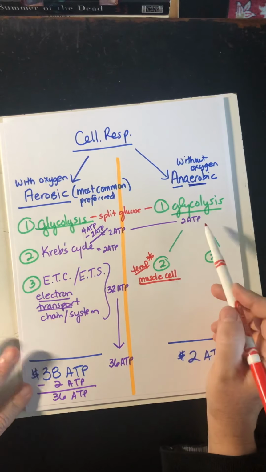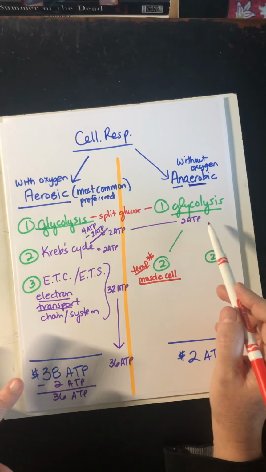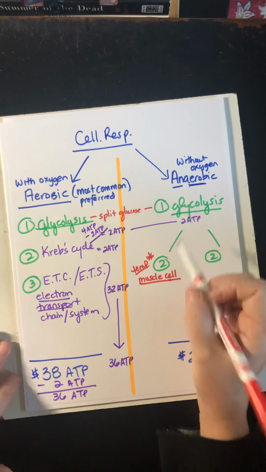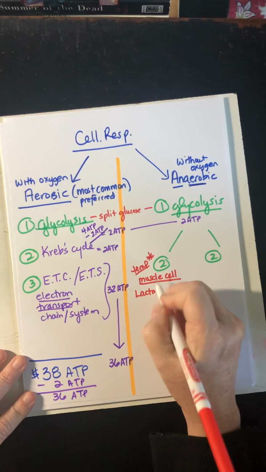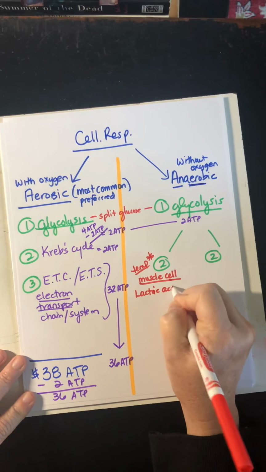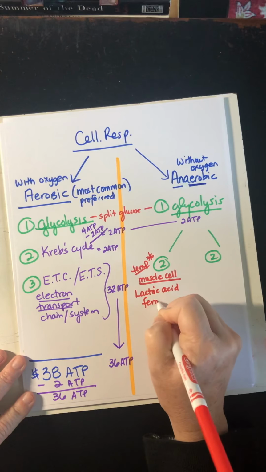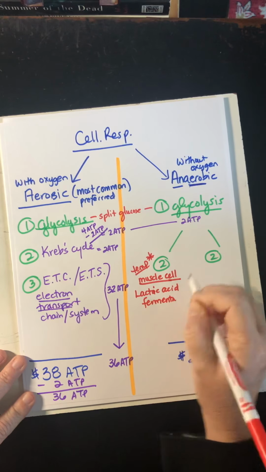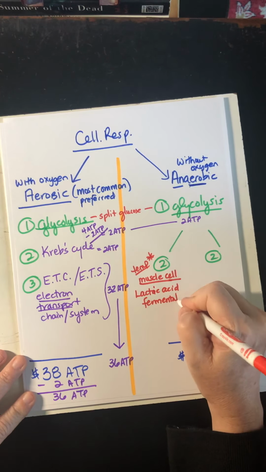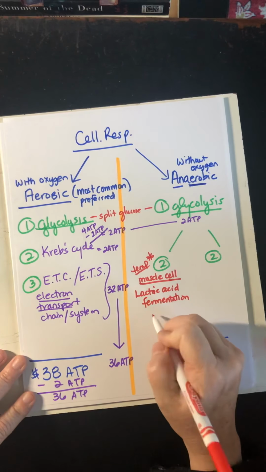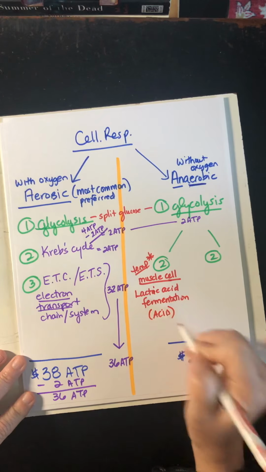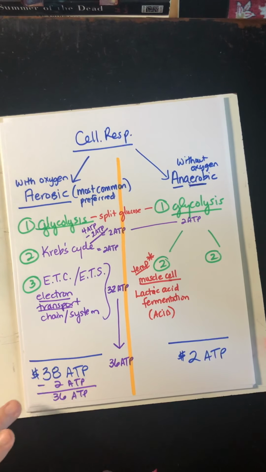So the muscle cell does glycolysis, but then it shifts into anaerobic. And the second step, it does lactic acid fermentation. All right, so lactic acid fermentation, and this is that acid that builds up in your muscles and it makes them sore.